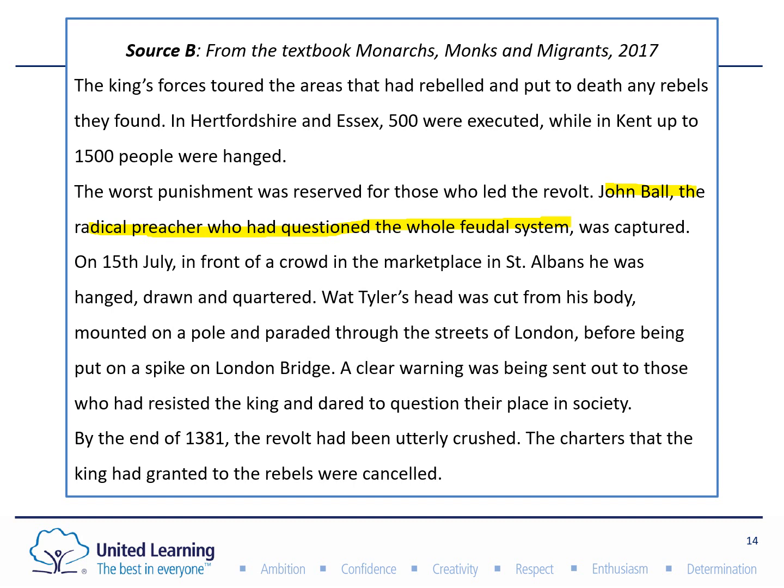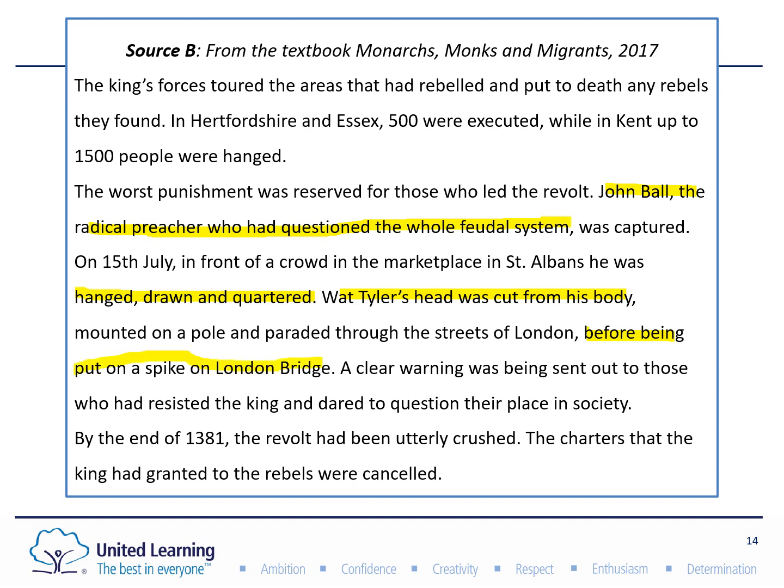Gruesome. Wat Tyler's head was cut from his body, mounted on a pole, and paraded through the streets of London before being put on a spike on London Bridge. That does not sound particularly nice.